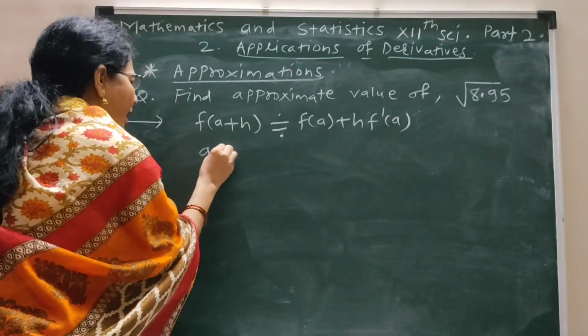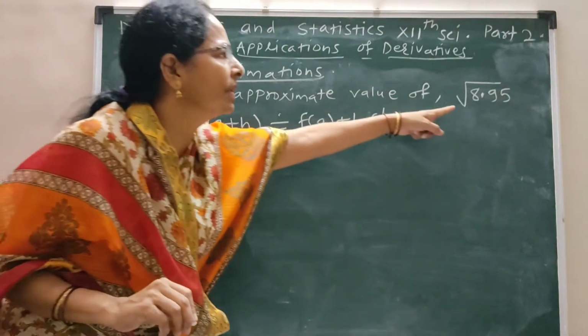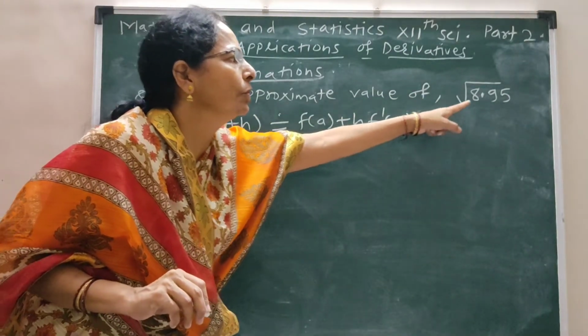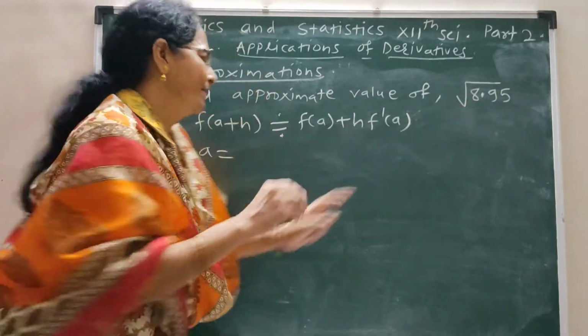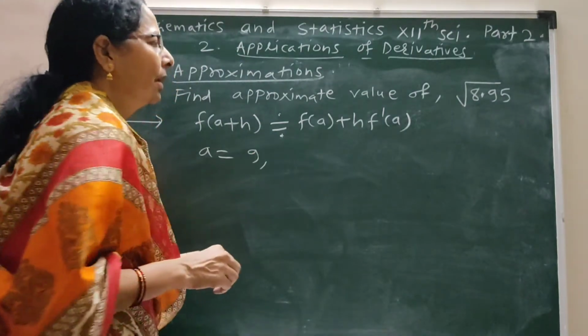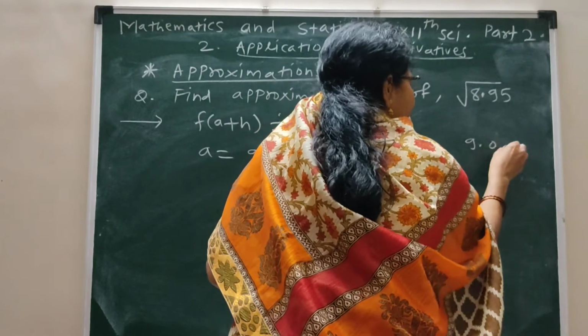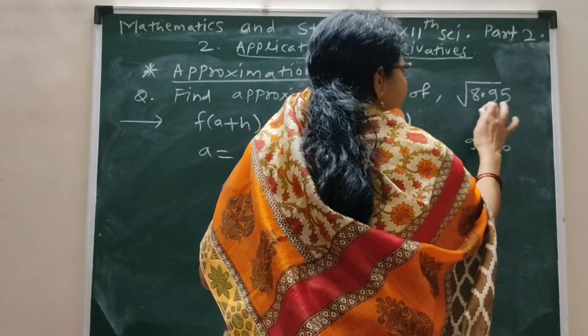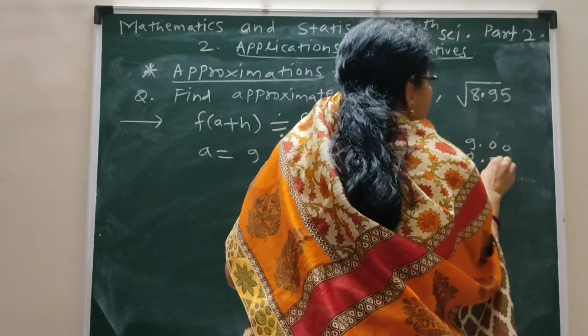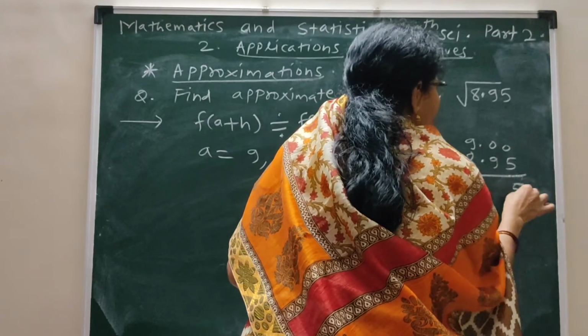Now this is a root term, so take the nearer root to this term, which is 9. If we take 9 and subtract this term, we get 0.05.